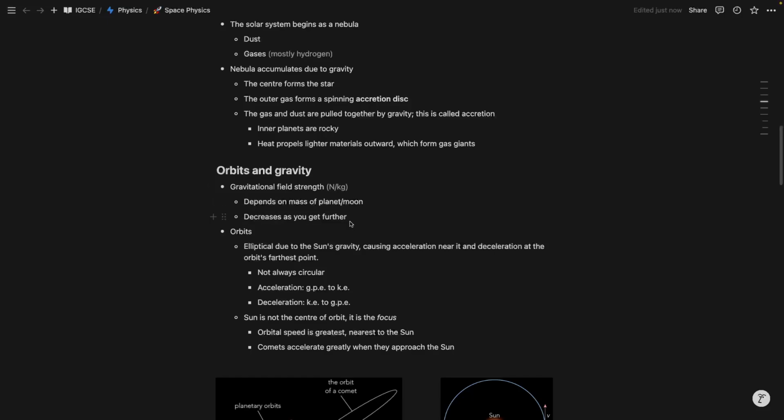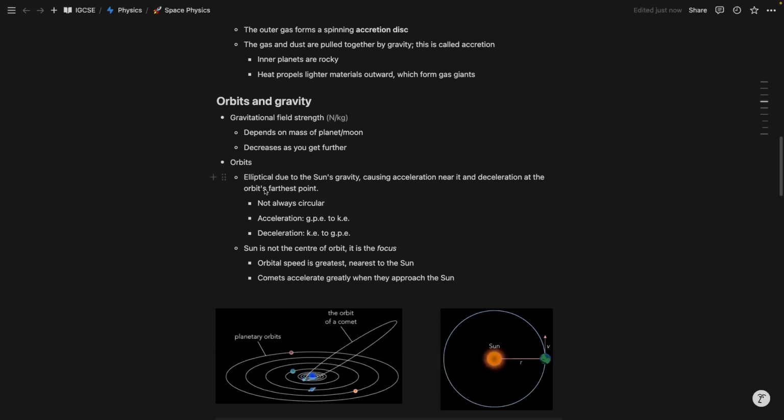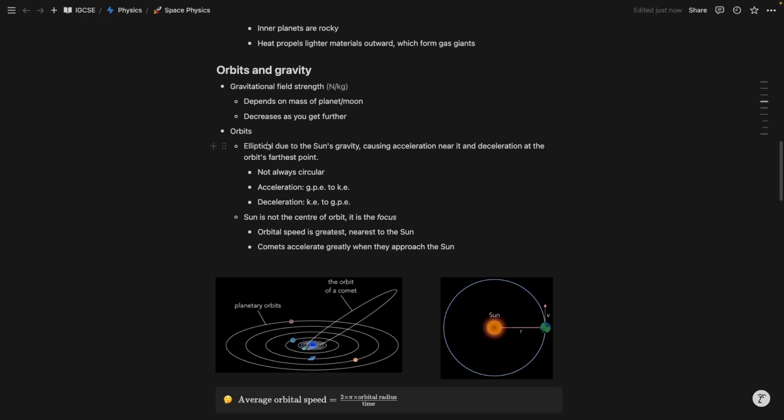There's actually an equation for the gravitational field strength. The formula is G times m1 times m2 upon distance squared, but that's not in the syllabus. Anyways, these orbits are elliptical due to the sun's gravity.